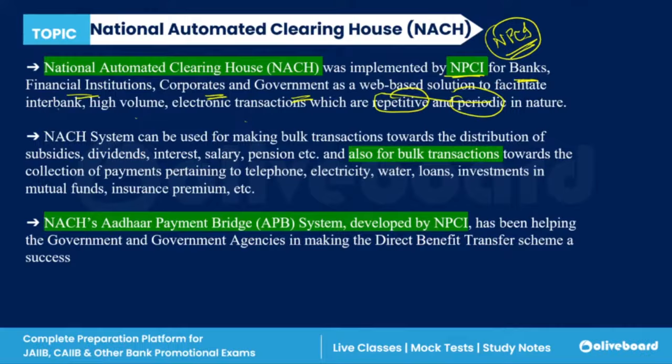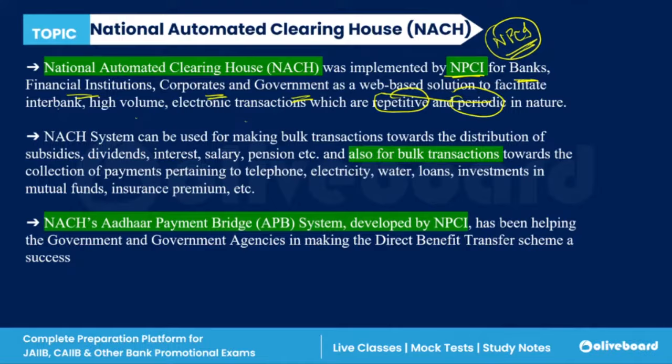So NACH has been implemented by NPCI for different banks, financial institutions, corporates and governments as a web-based solution for interbank high-volume electronic transactions that are very repetitive and periodic in nature.